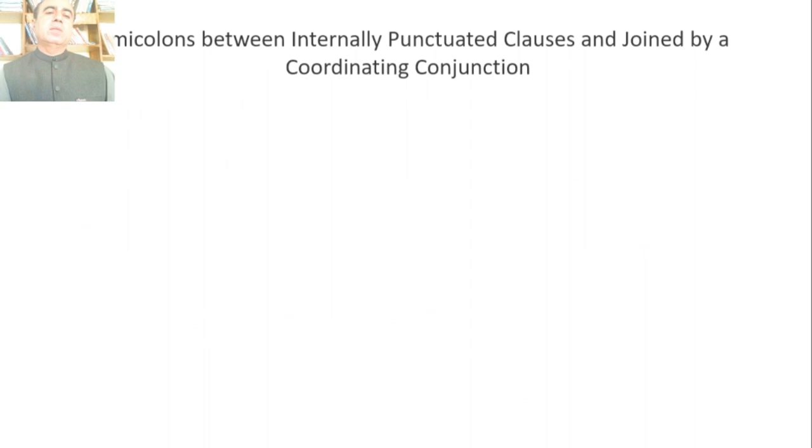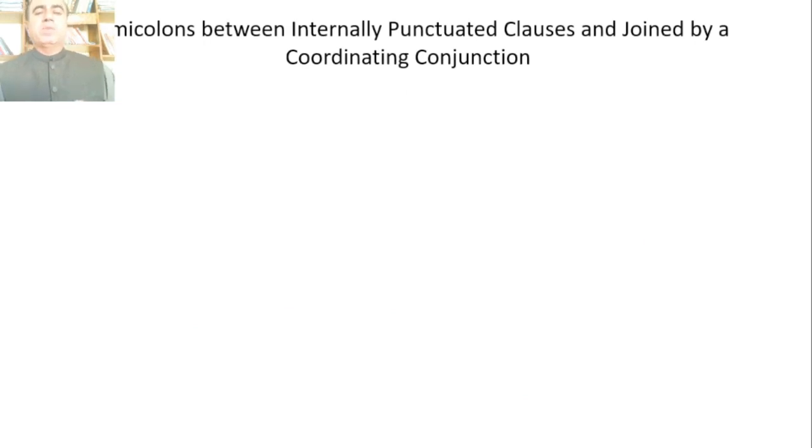Second case, semicolon between internally punctuated clauses joined by a coordinating conjunction. Coordinating conjunctions you all know, and in another lecture I have talked about them, and if you want to know about coordinating conjunctions in detail, you can download and watch that lecture also.